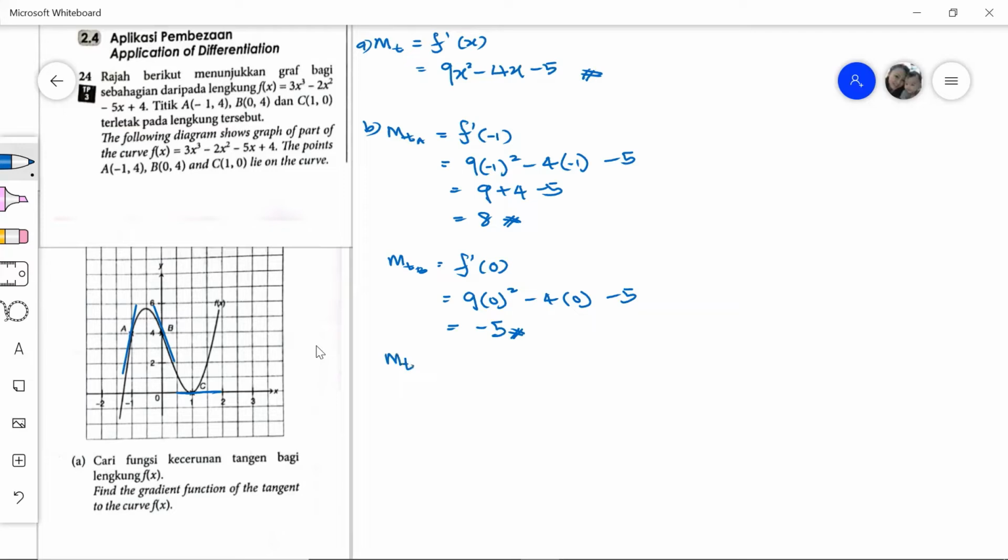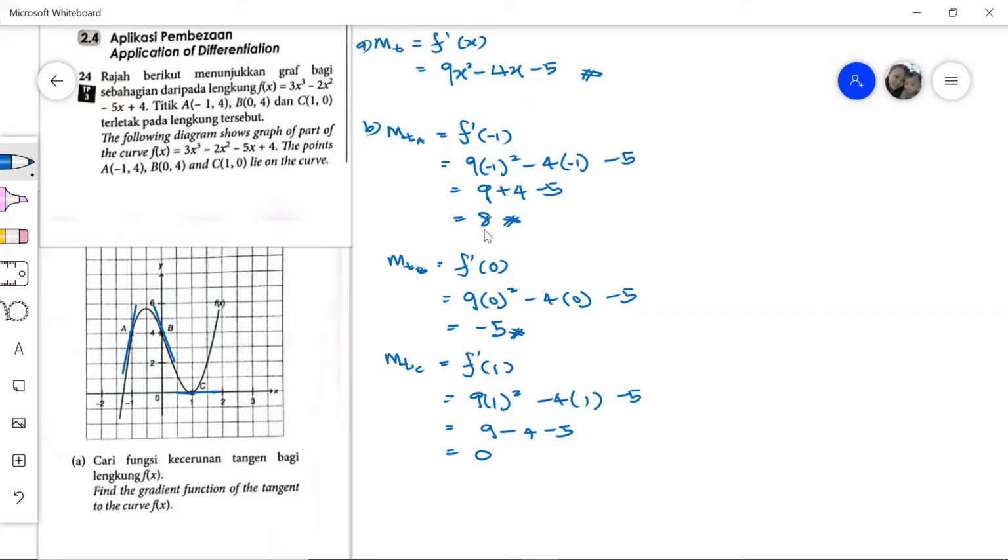And for the gradient of the tangent at point C, we substitute the x value, which is 1, into the gradient function 9x^2 - 4x - 5. So we have 9 - 4 - 5, which is 0.